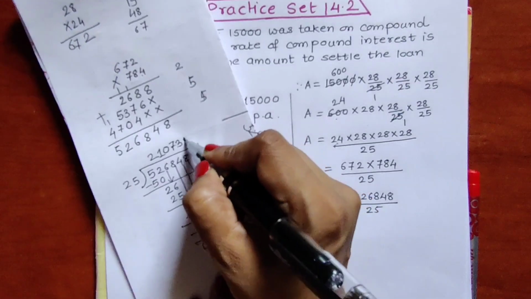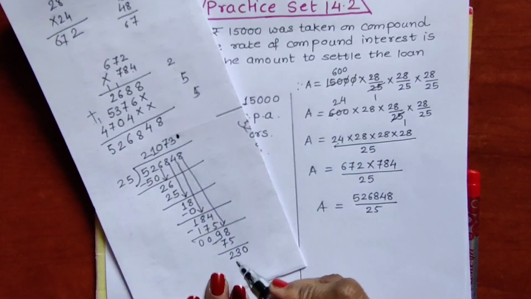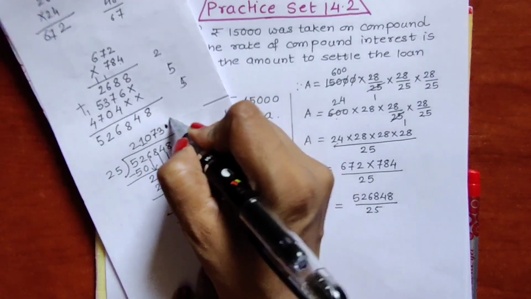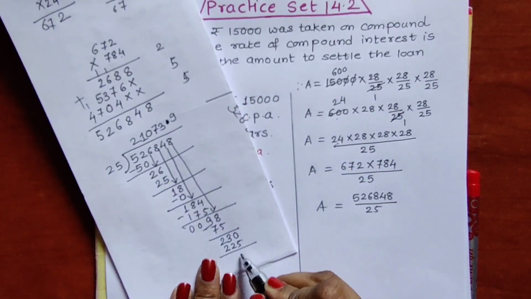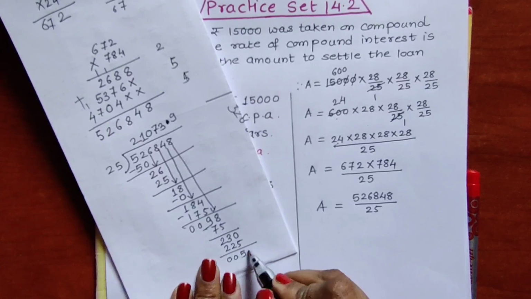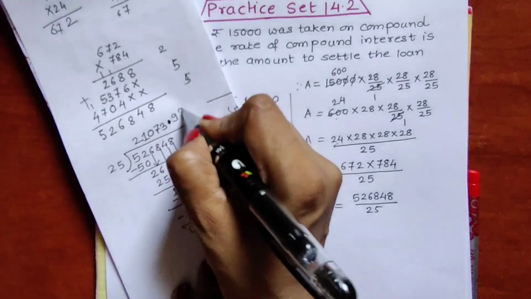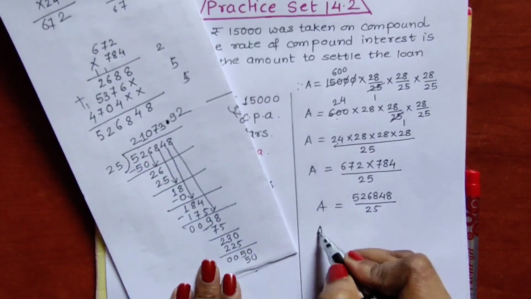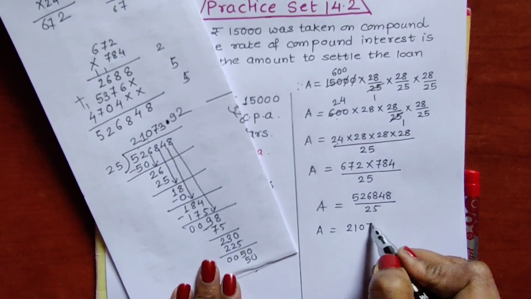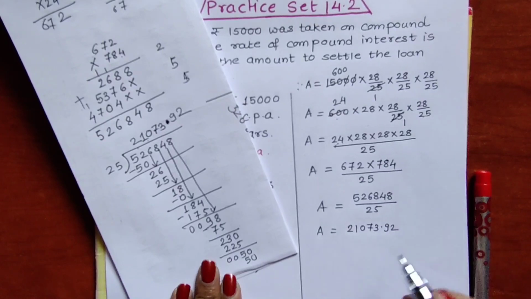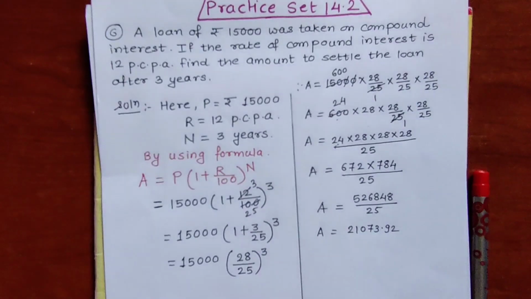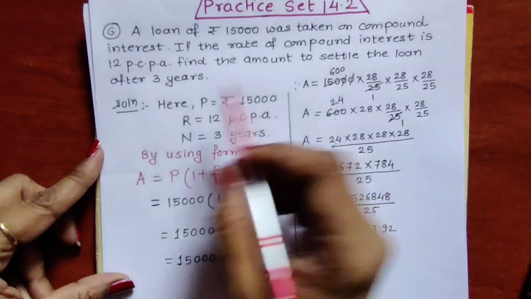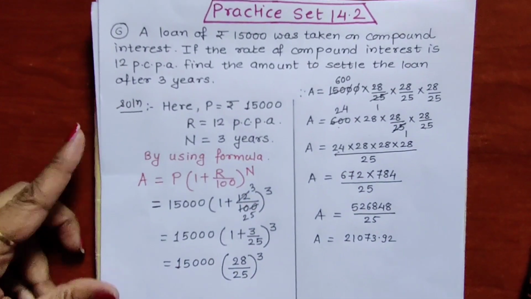For this 0 we have to put a point here. 25 9s are 225, 5 remaining, 0 0. 25 2s are 50. So in this way we are getting the answer 21073. A is equal to 21073.92. So rupees 21,073.92 is the amount to be settled on the loan after 3 years.